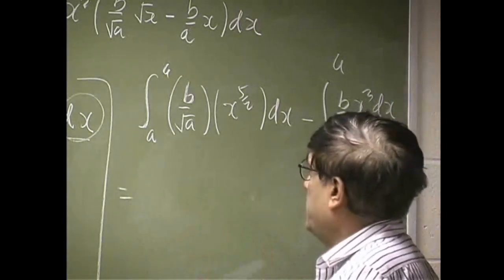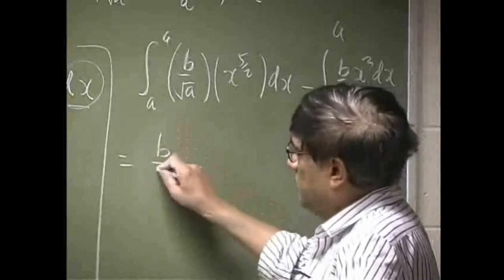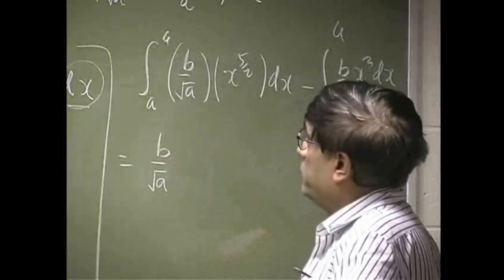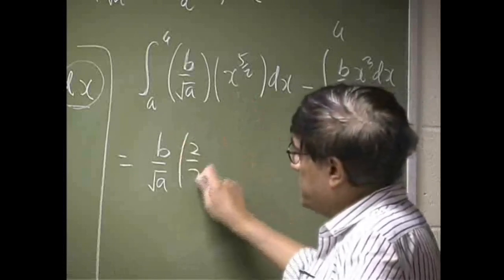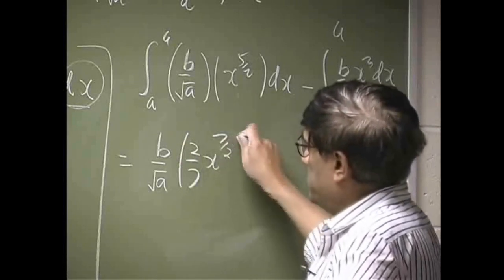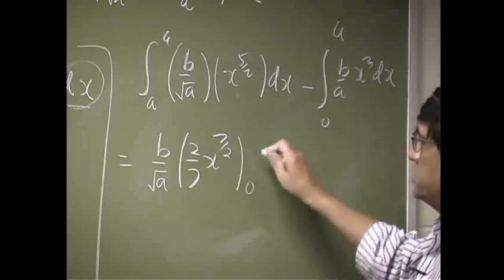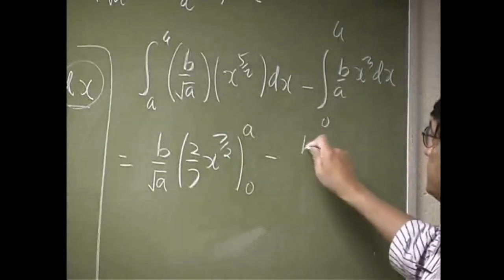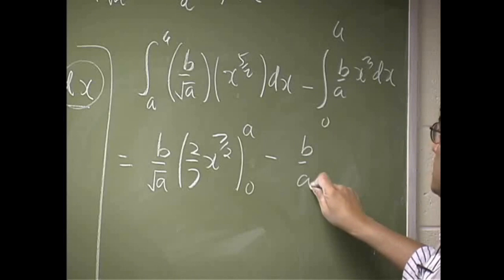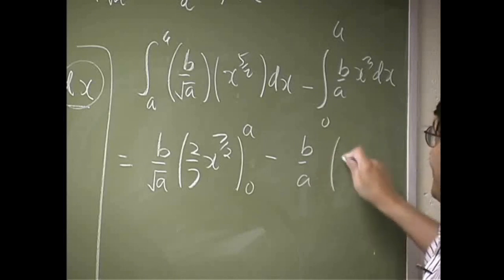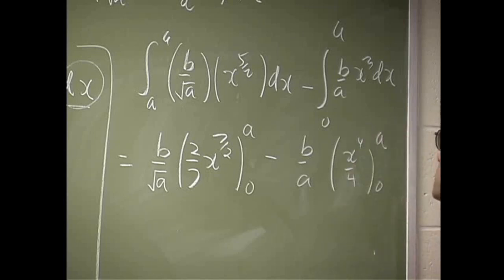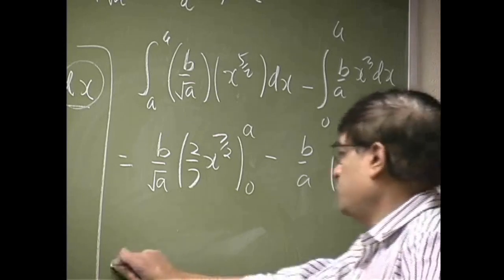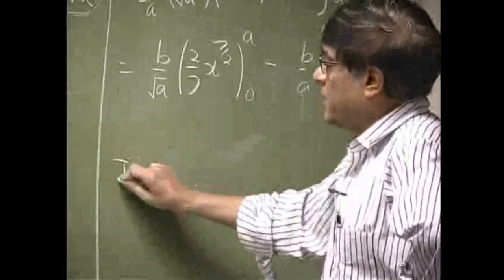So that's going to be equal to p over square root a, that's 5/2, so it should be 2/7 x to the 7/2 from 0 to a, minus p over a, and now we're going to have x to the 4th over 4 from 0 to a. And if you put the limits in, you should be able to get Iy.